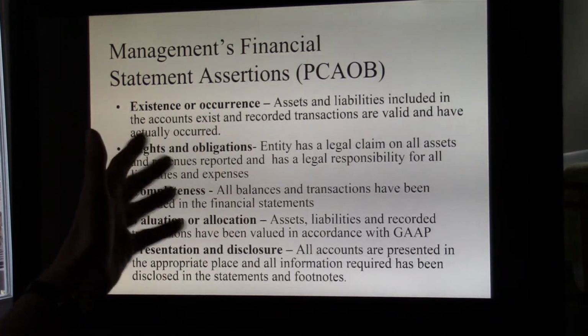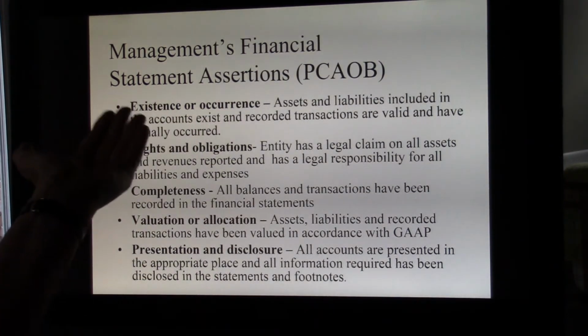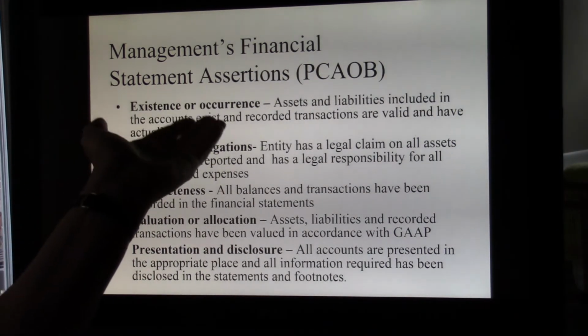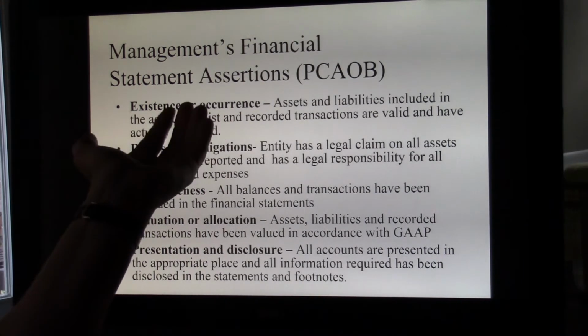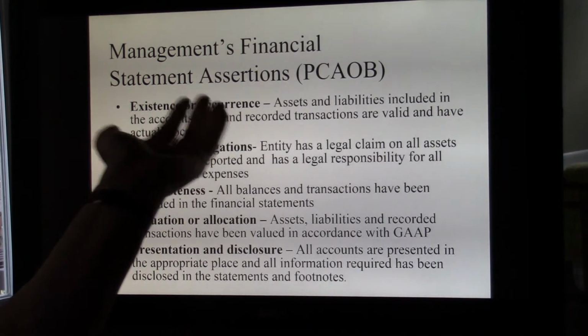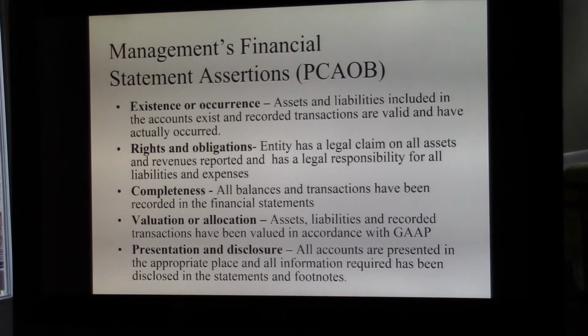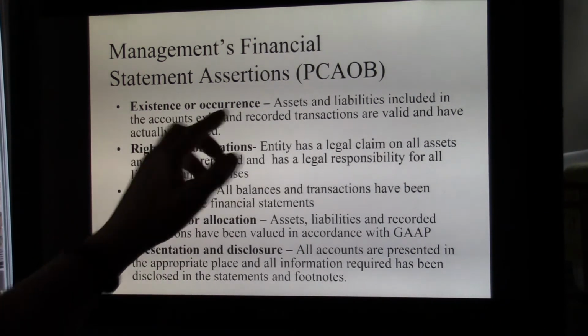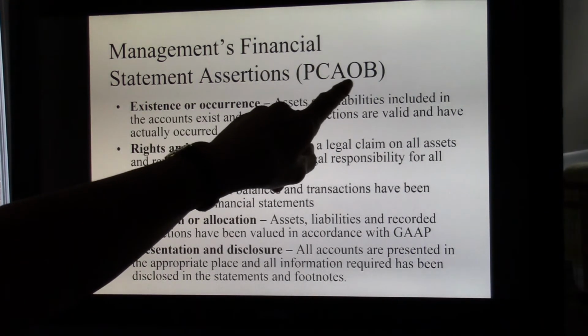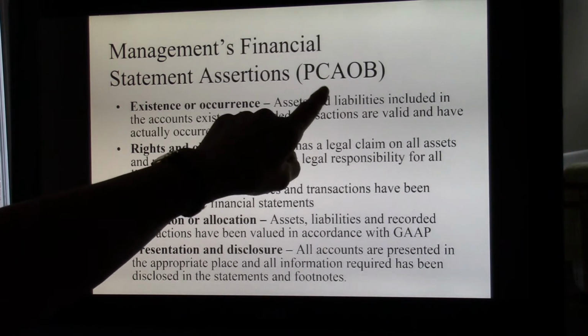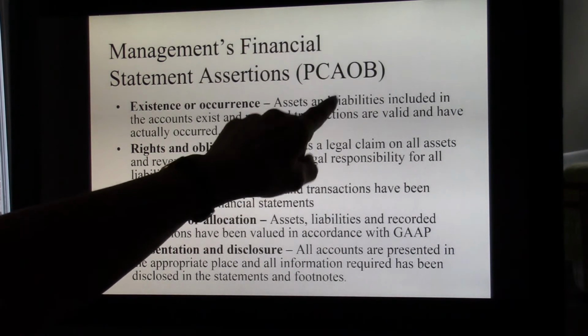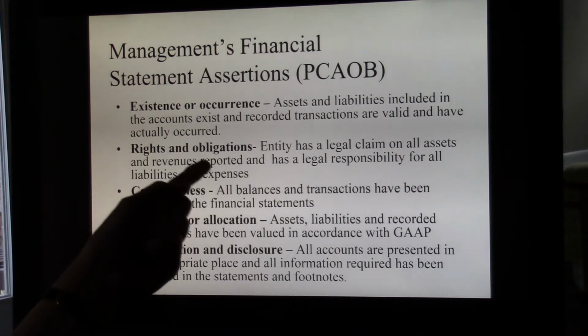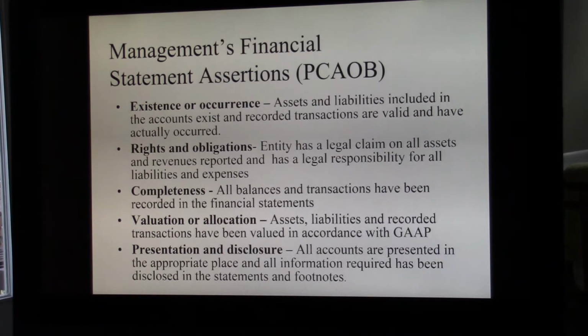This depends on what kind of account you're testing. Asset or liability, existence. Revenue or expense, occurrence. All right, same thing with rights and obligations. So PCAOB says, if I'm auditing a public company, because that's what PCAOB is for, public companies, I need to check for rights and obligations, right?